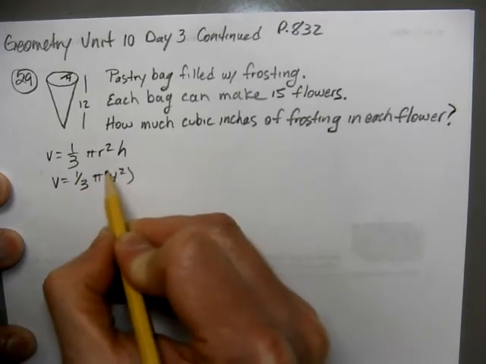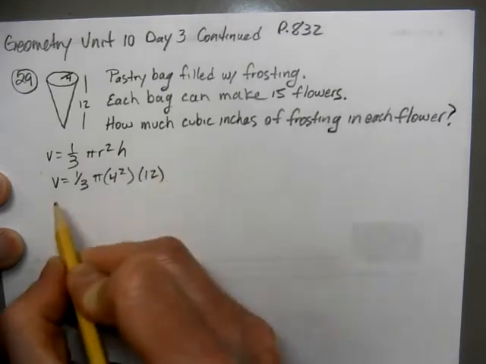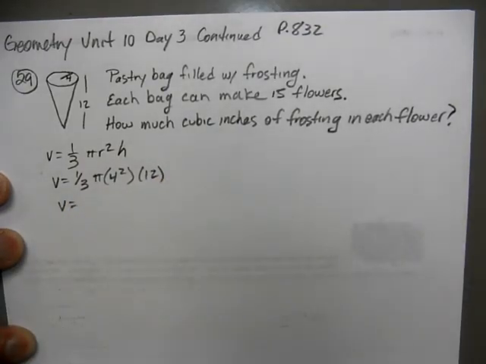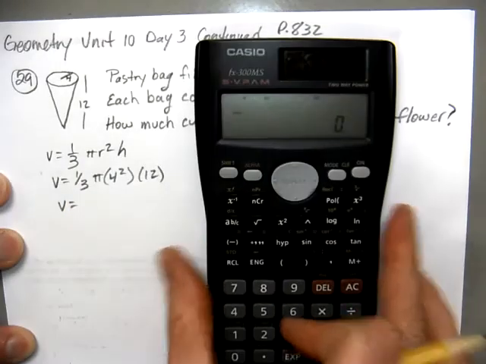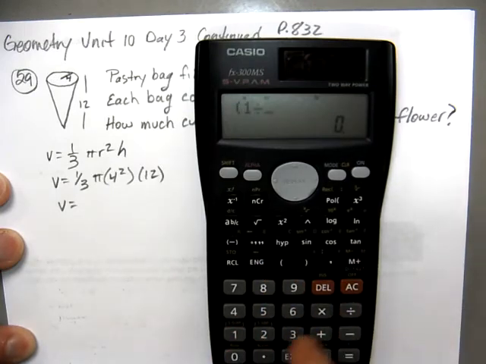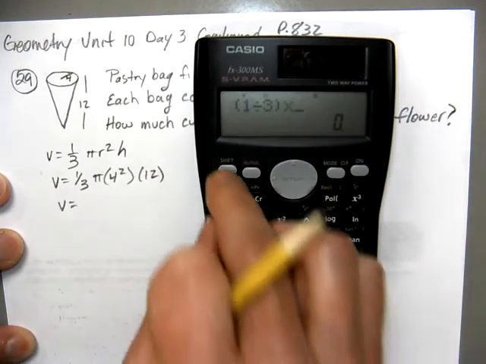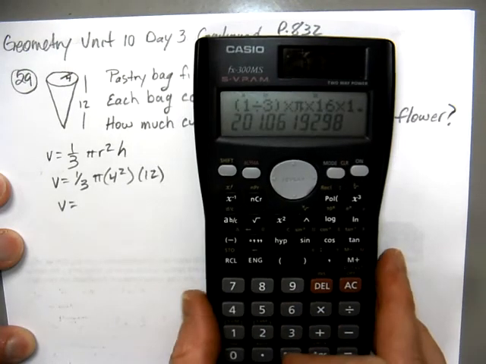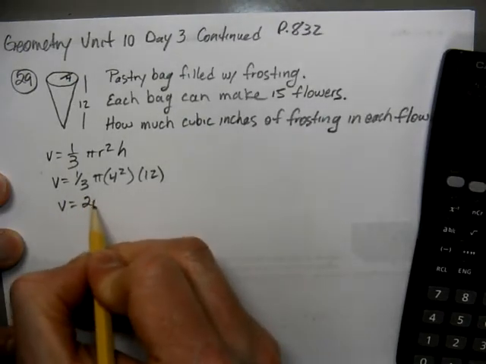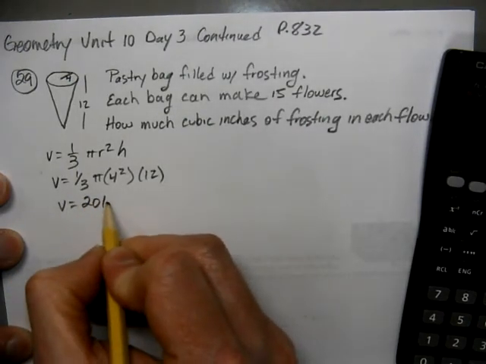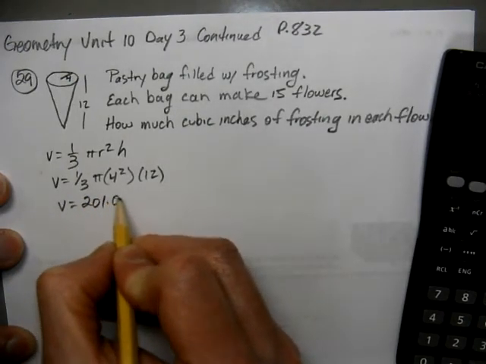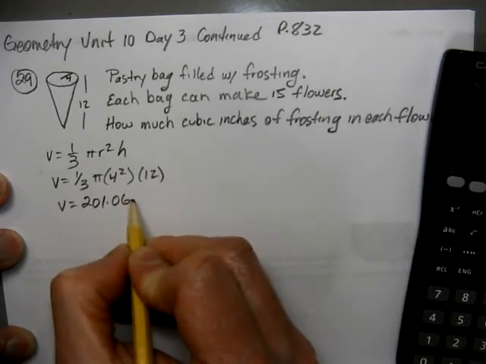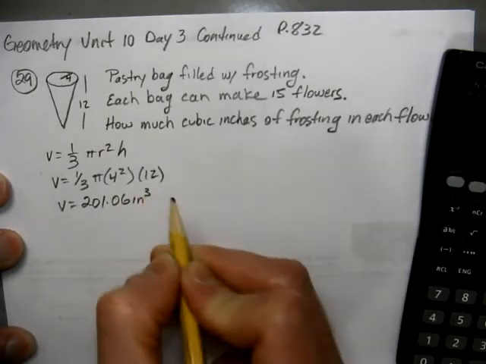So we have 4 squared times our height. That's going to come out to be 1/3 times pi times 16 times 12 gives us 201.06 inches cubed.